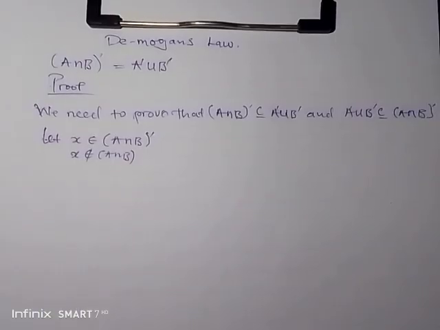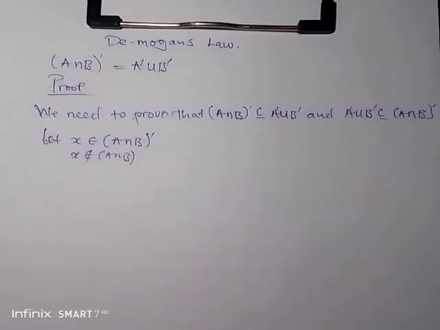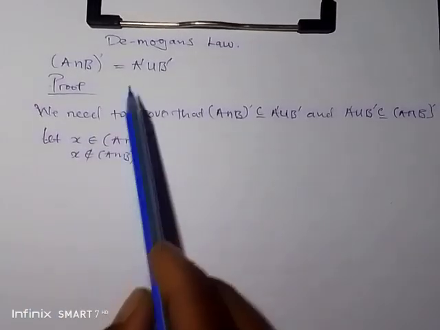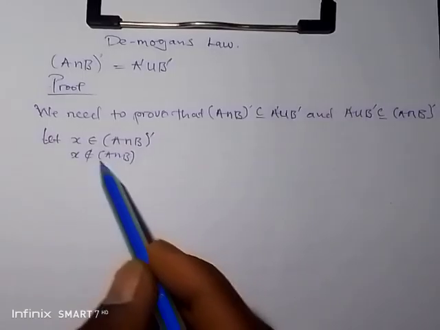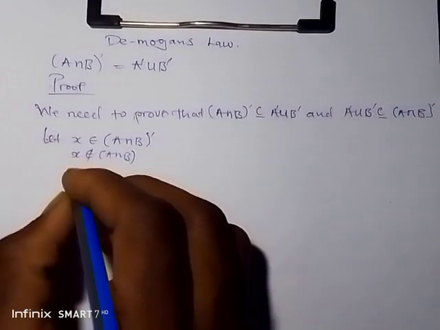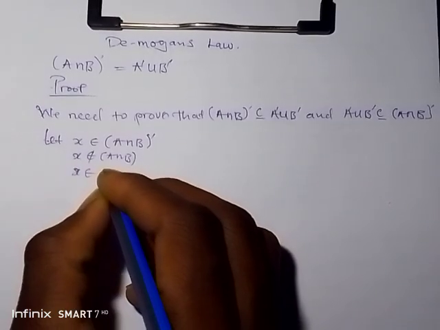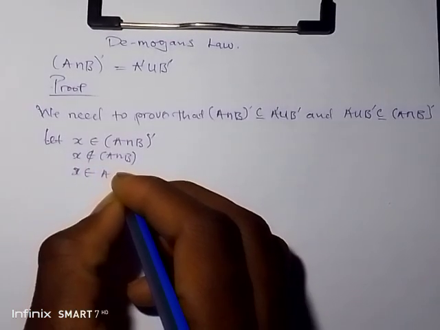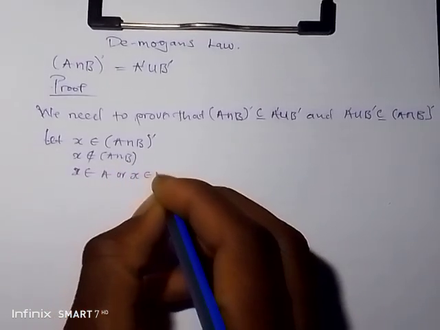Look at this. We need to change this intersection to union, so we need to come up with something that looks like this. So X is not a member of A, or X is also not a member of B.